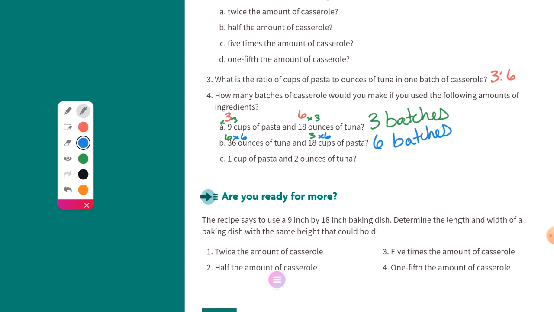One cup of pasta and 2 ounces of tuna. So we had 3 cups and 6 ounces. We're going from 3 to 1. How do I get from 3 to 1, Owen? Divide by 2. No, 3. Divide by 3. From 6 to 2, I divide by 3.